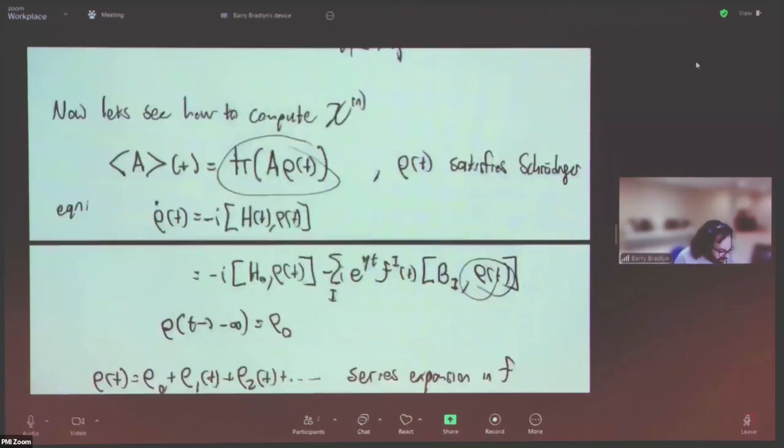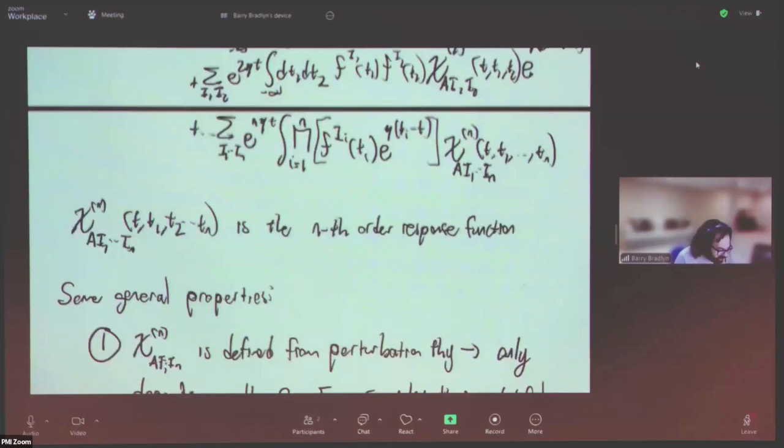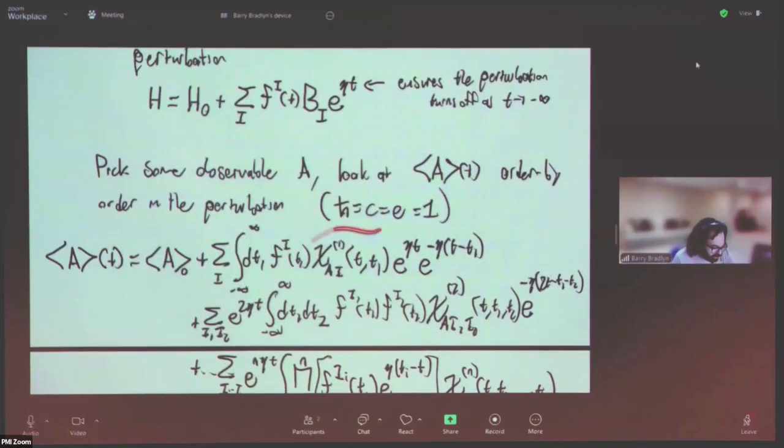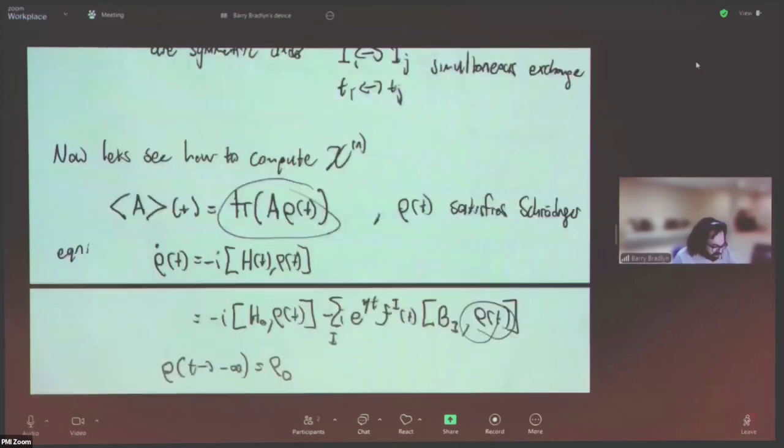So if we want to find our linear response function, pi1, we should take the trace of A with rho 1 of t.